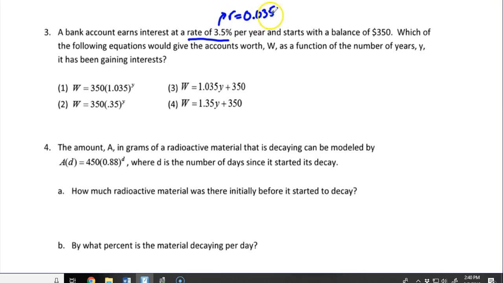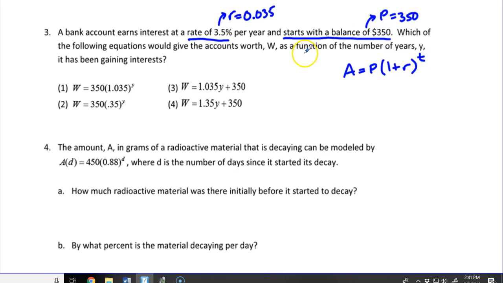Not 0.35, that would be 35%. Our starting balance is 350. Okay, so that means our initial amount, or our P, equals 350, our principal value, if we're speaking about the amount equals the principal times 1 plus r to the t power.